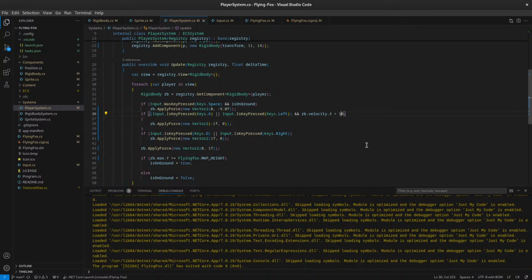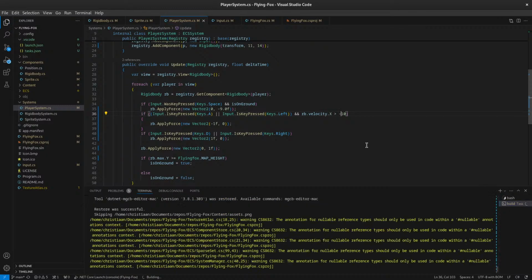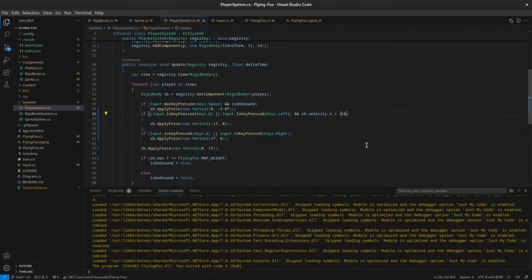Greater than minus 10, guys, because left is minus with MonoGame. If we draw our coordinate plane, let's see. Yeah, limited it. Not going faster than that.